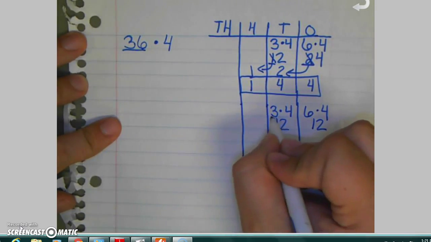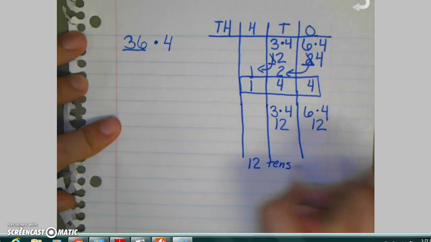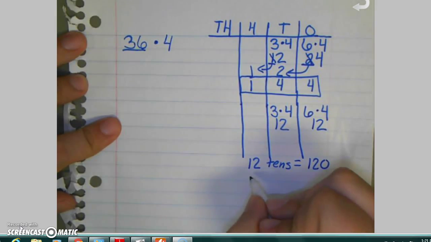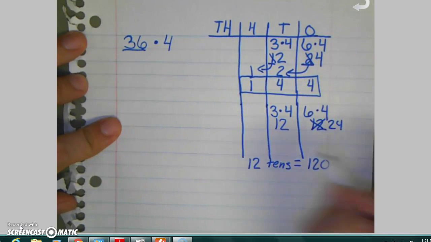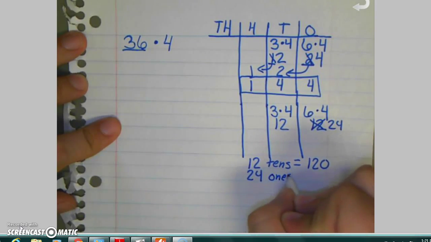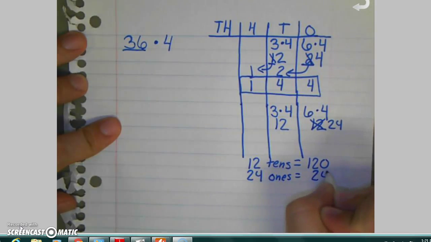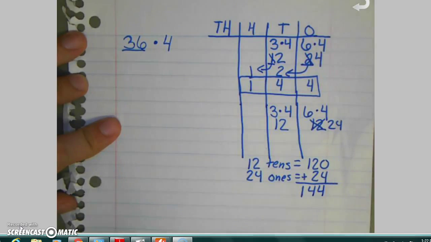I know that 12 tens is equal to 120, and I know that 24 ones is equal to 24. When I add those two partial products together, I get 144.